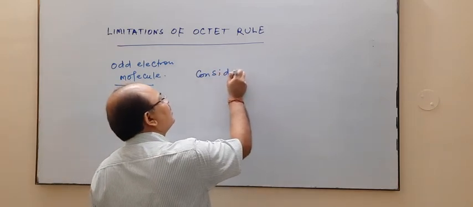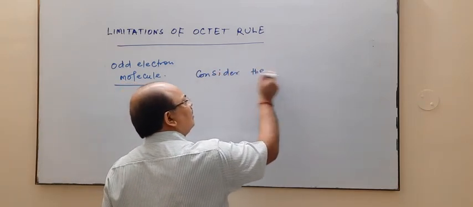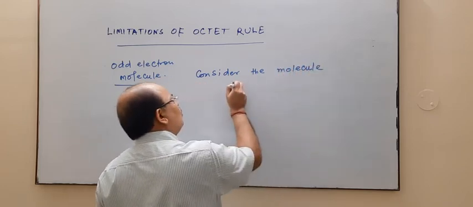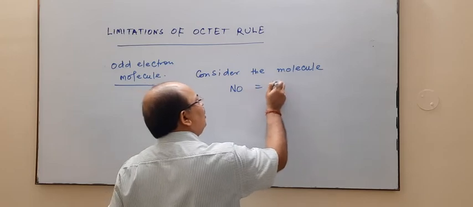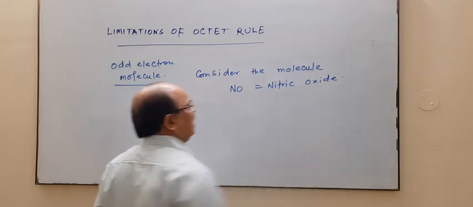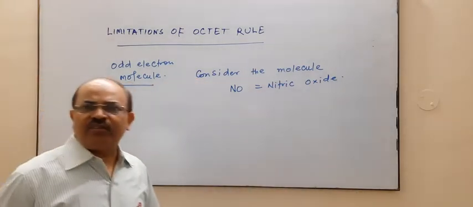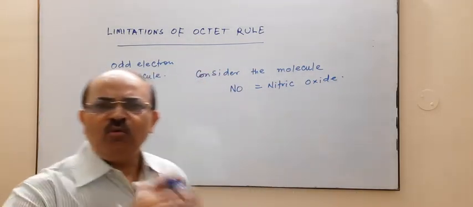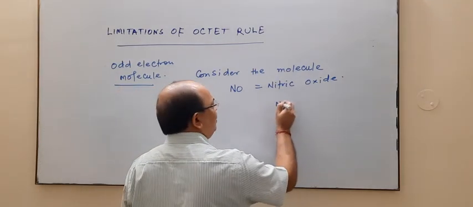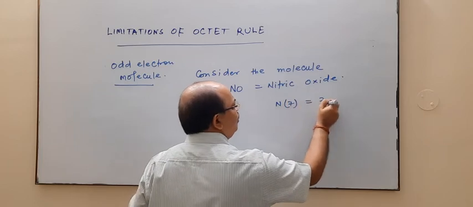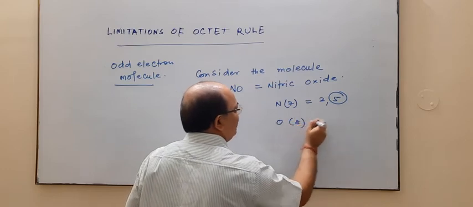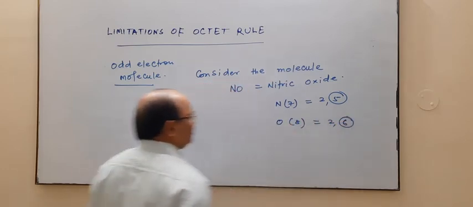Consider the molecule NO. This NO is called your nitric oxide. Now what happens in NO? You know nitrogen is 7, so it is your 2, 5 is the valence electron. Oxygen, that is 8, so it is your 2, 6.